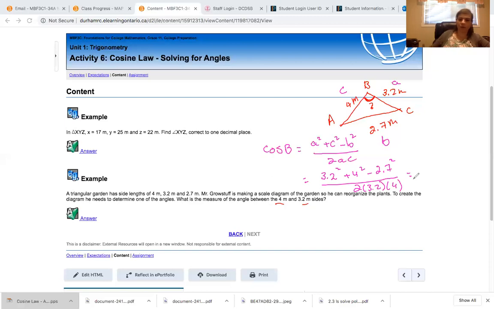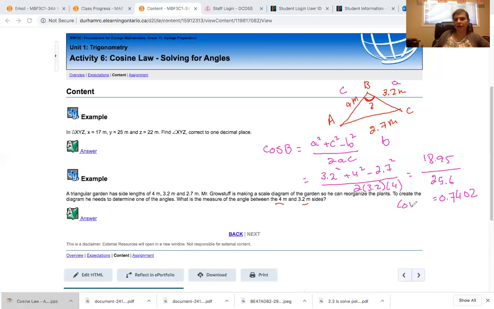So the top is going to be 18.95 over, and the answer for the bottom is 25.6. When I divide these two, I will get 0.7402. So remember, this has to be to 4 decimal places.